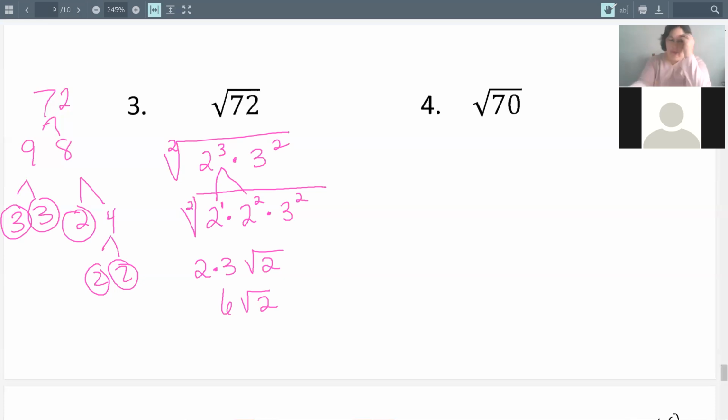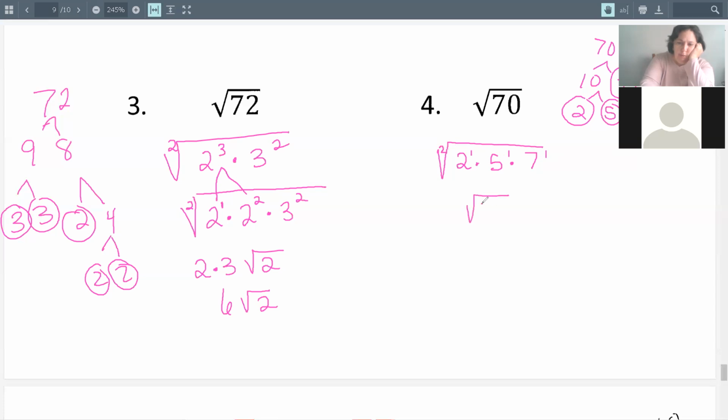Number 4 is an interesting example because once you do your factor tree for 70, it's 7 times 10. 7 is prime and 10 is 2 times 5. You'll notice that you have all prime numbers with exponents of 1. In that case, none of these exponents can be made to match a 2.